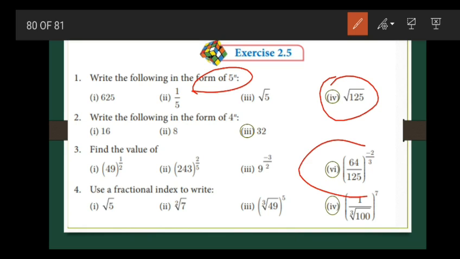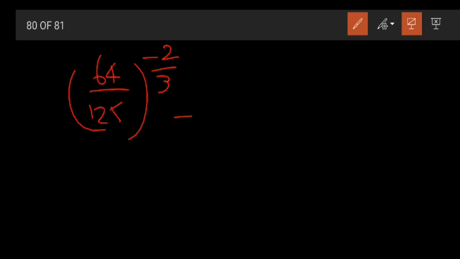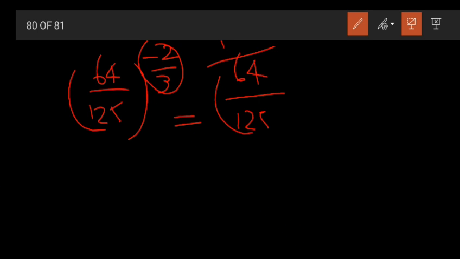Find the value of, here also I will do the fourth one, 64 by 125 to the power minus 2 by 3. This is nothing but 64 by 125 to the power minus 2 by 3. Here we have a negative symbol. So to make this positive, we have to take this to the denominator.